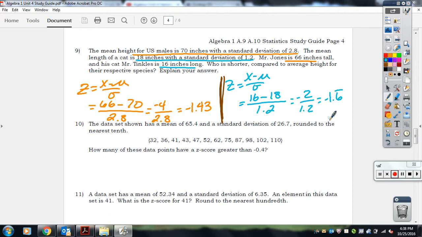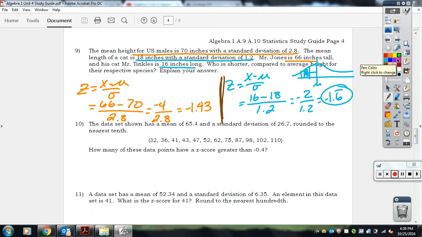You might say -1.43 is larger than that, but since this is negative, it's further down on the bell curve. We drew a picture: this is my average, this is -1, -1.43 is here, and -1.6 is there. Since -1.6 is further away, Mr. Tinkles is shorter relative to his species.